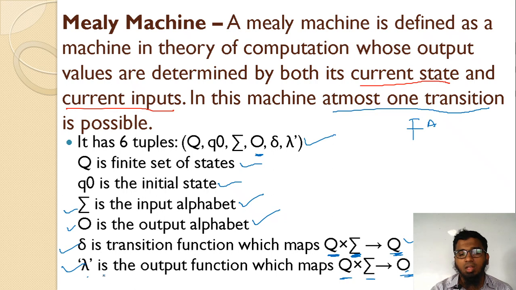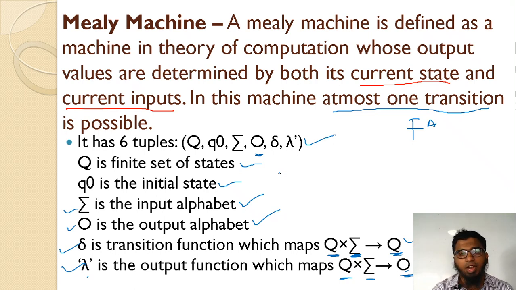Next, lambda is the output function which maps Q cross sigma. So this is a Mealy machine. If you did not understand, don't worry. When we see the difference and solve the example, then you can easily understand.